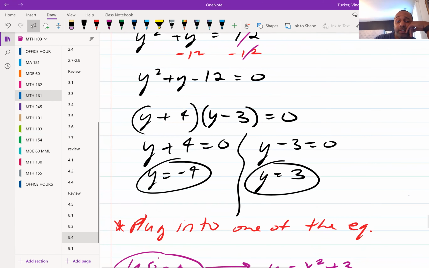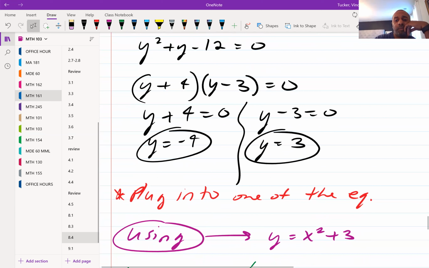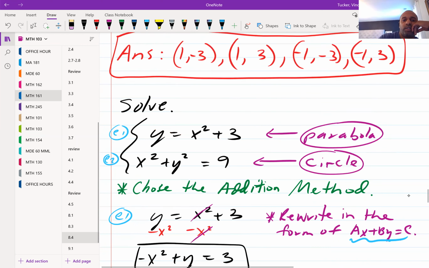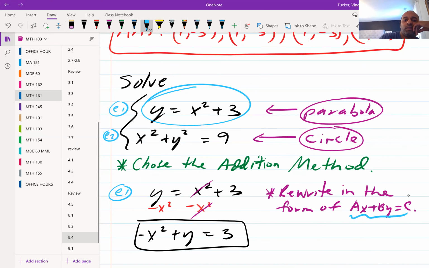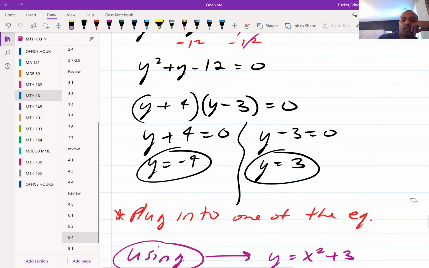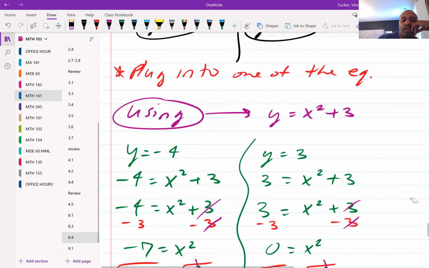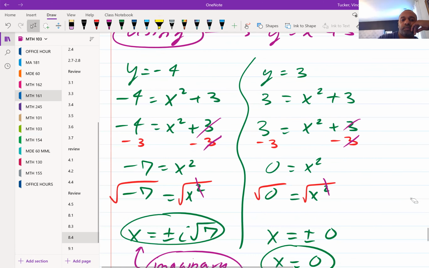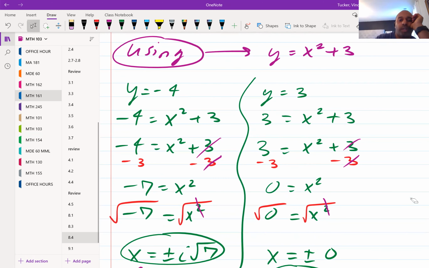Now we can go ahead and plug those values into either one of the equations. I'm going to use the y equal to x squared plus 3. That was this one right here. So let's see what we get. Plug in negative 4 for y. So it's negative 4 equal to x squared plus 3.